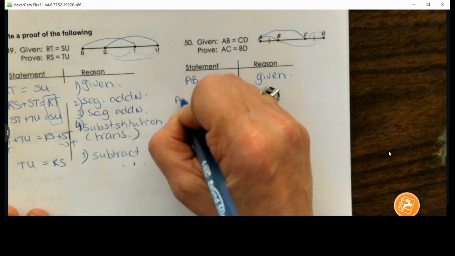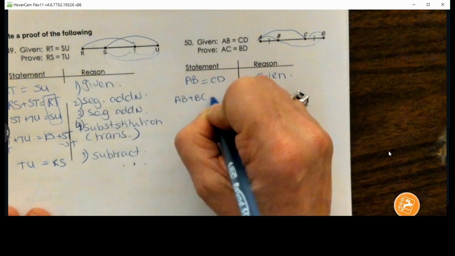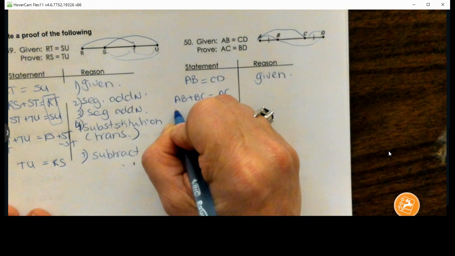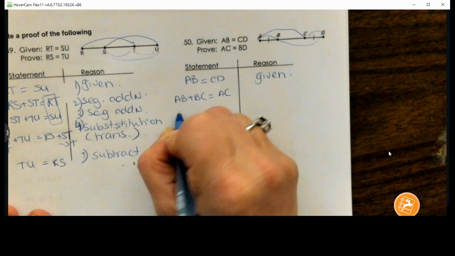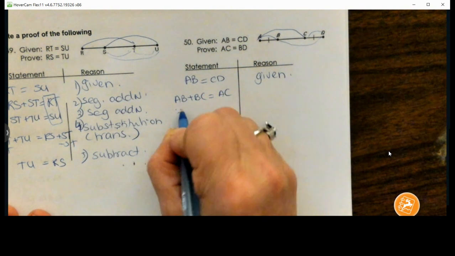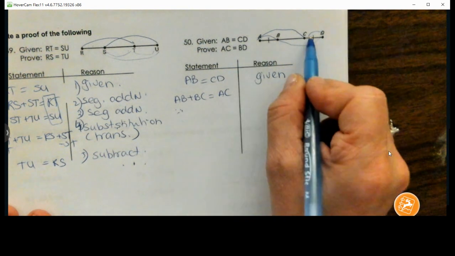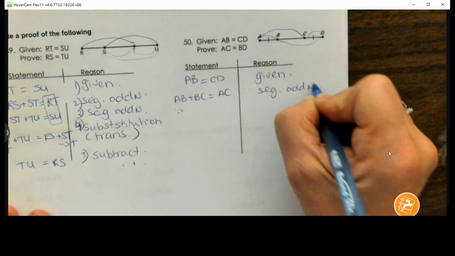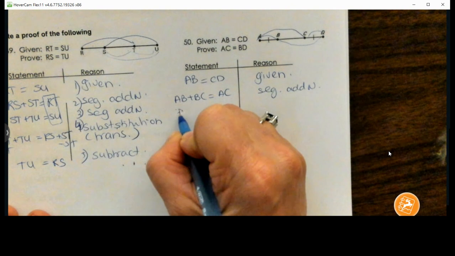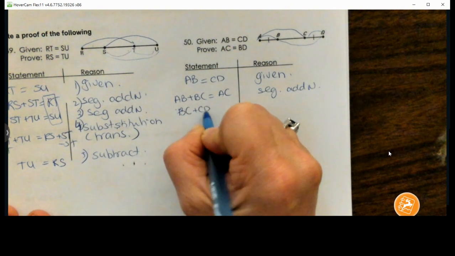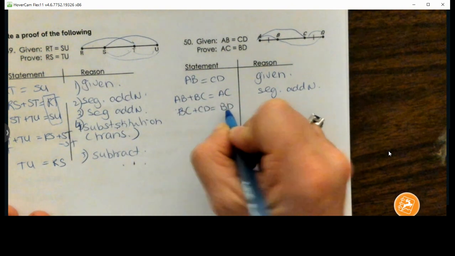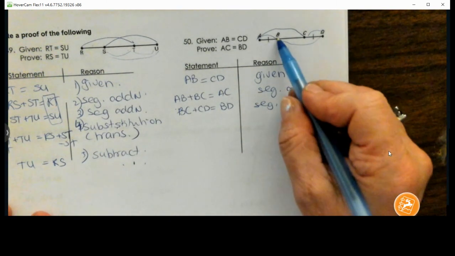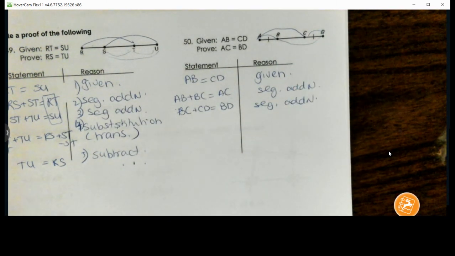So I'm going to go AB plus BC is equal to AC. This is segment addition. And BC plus CD is equal to BD. That's segment addition. All we did was add the same thing to both sides.